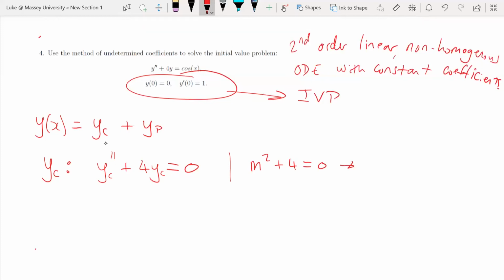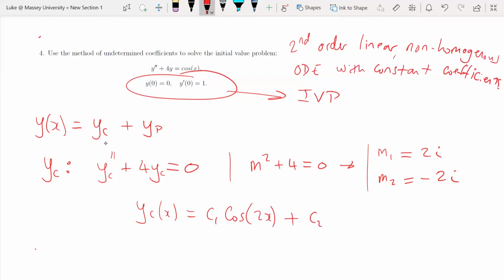Again, really easy to see here that m1 and m2 are going to be complex conjugates. So we're going to get, let's say, plus or minus 2i here. There is no real part here, only imaginary, so therefore we simply get y_c is equal to c1 times cosine of 2x plus c2 times sine of 2x. Okay, good.